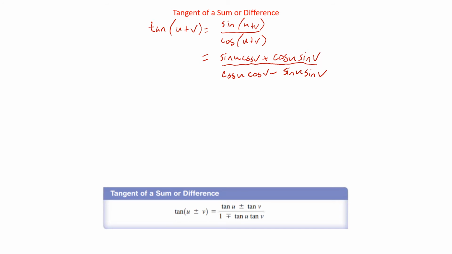So what happens is we would divide everything by that factor in the denominator.